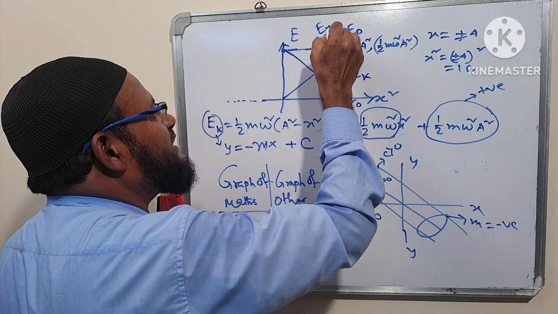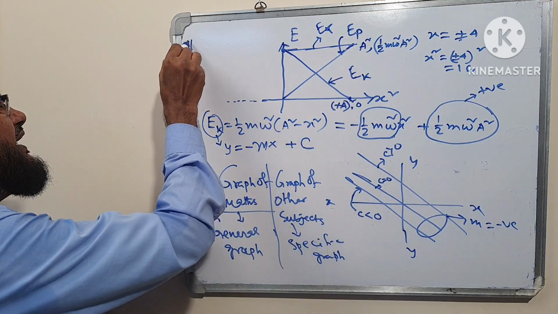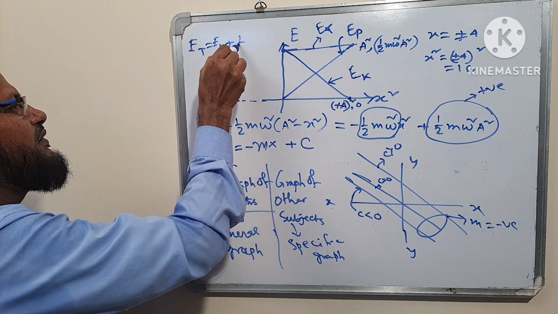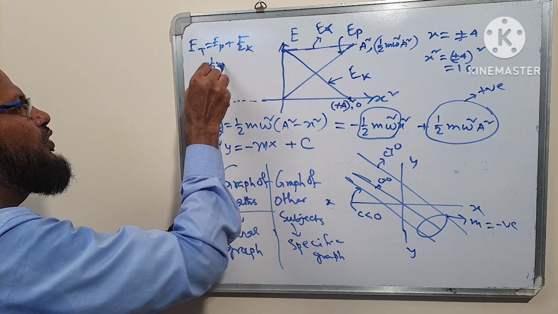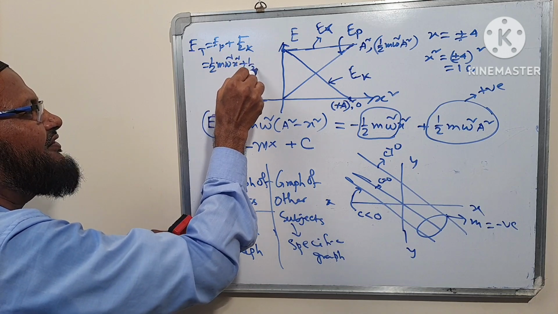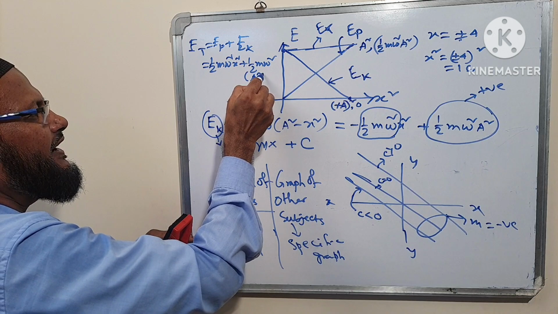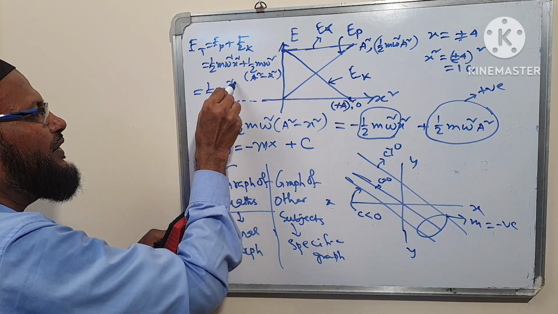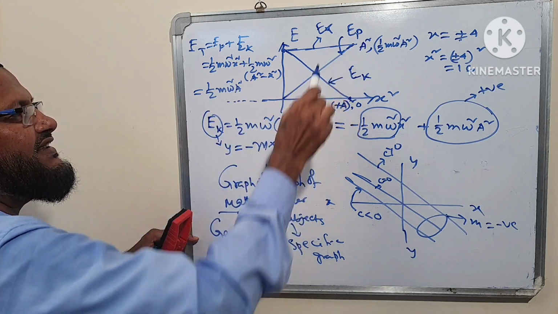Total mechanical energy is equal to EP plus EK, equal to half m omega square x square plus half m omega square (a square minus x square). Ultimately this is half m omega square a square. This is constant, positive constant, therefore parallel to this axis.